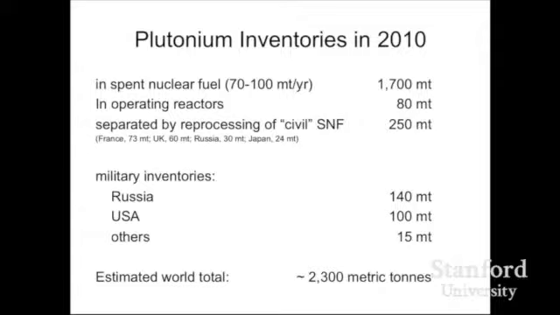Okay? So we have as much plutonium separated from fuel from civilian nuclear power plants as we have in weapons. And this is cared for to varying degrees of satisfaction.